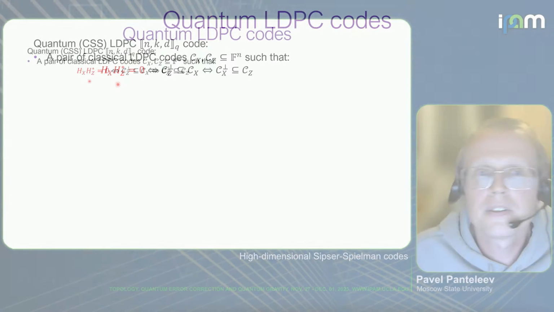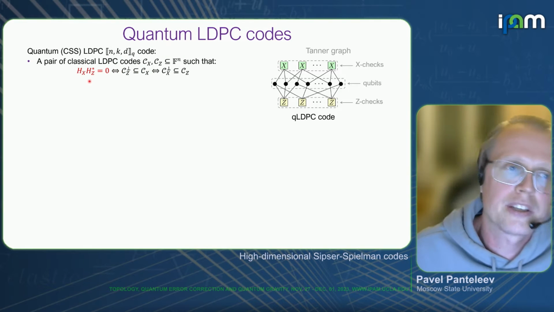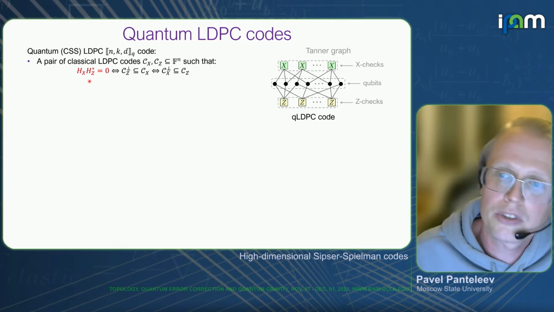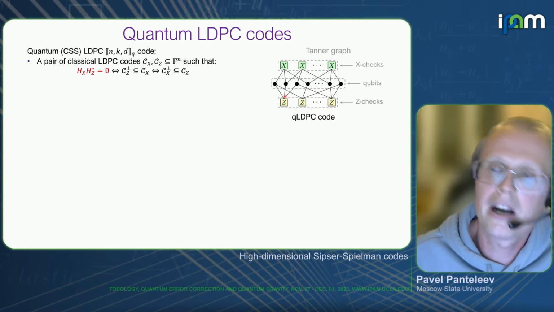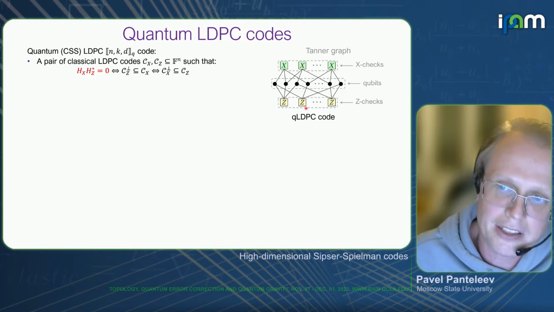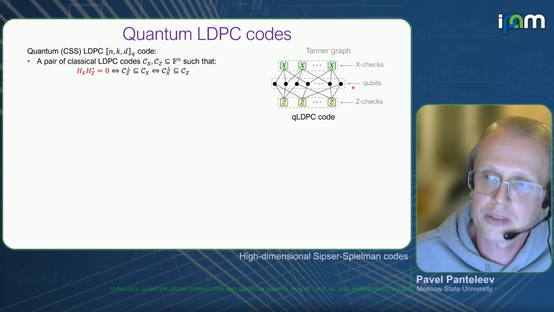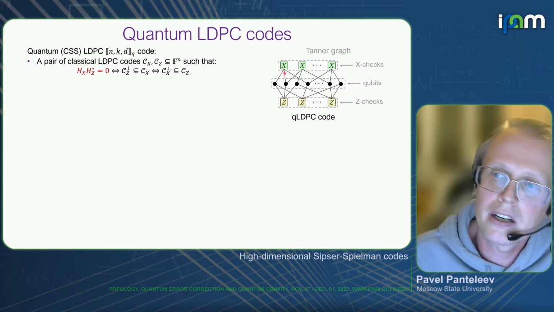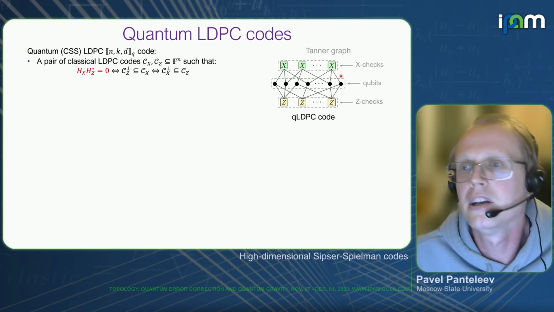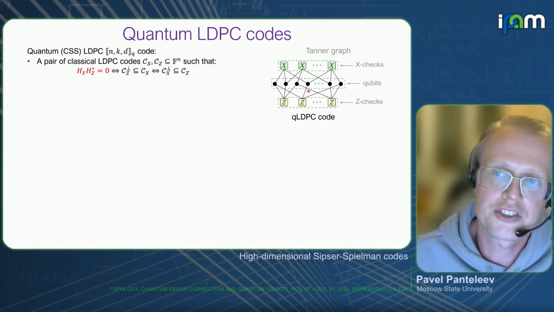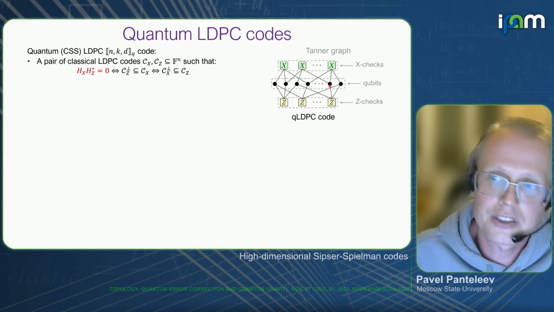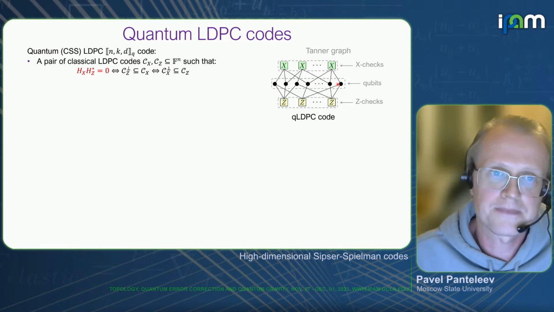And in this case, we call this a quantum LDPC code. A quantum LDPC code can also be represented by a Tanner graph, but in this case, it has three parts. The middle part corresponds to the qubits, and the other two parts correspond to the X checks and Z checks that are just standard Pauli operators that check this quantum register.